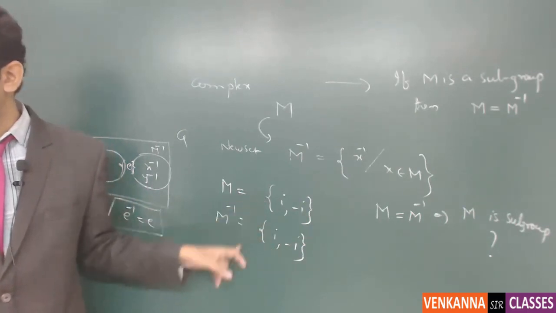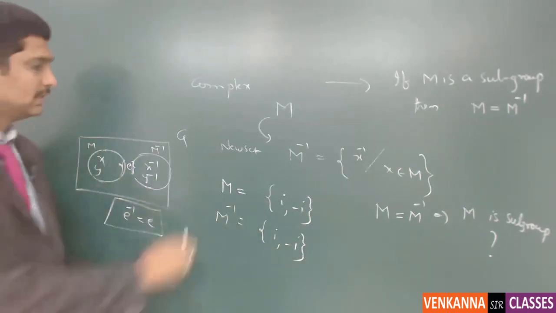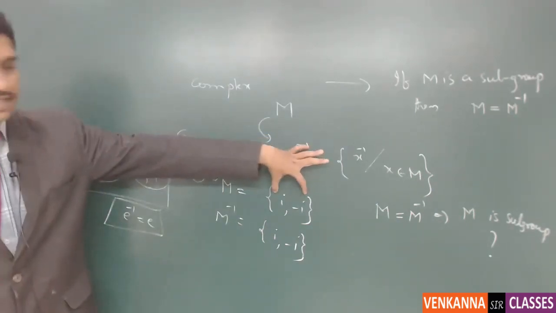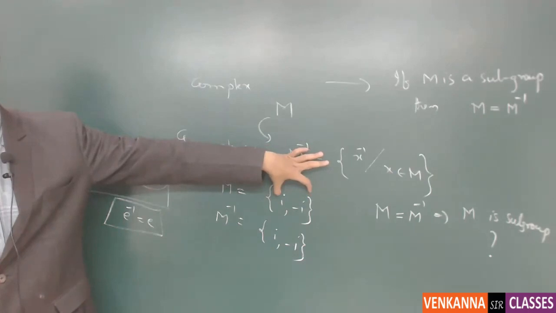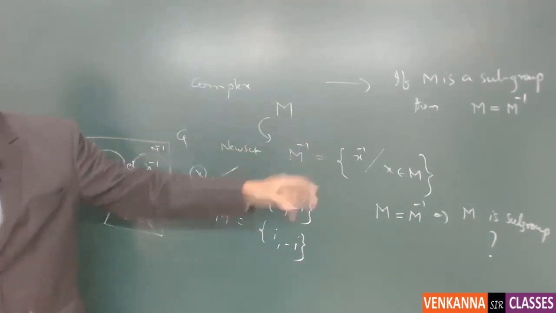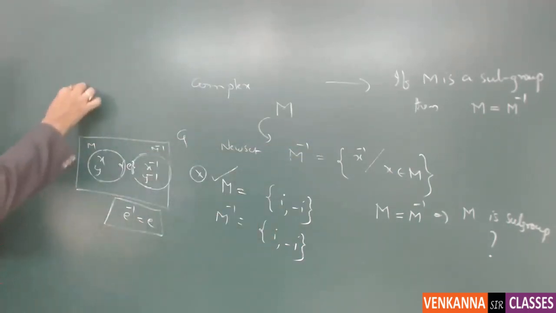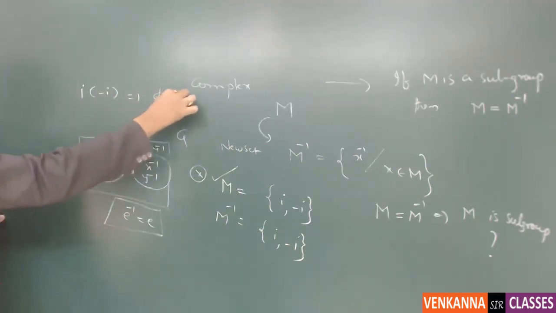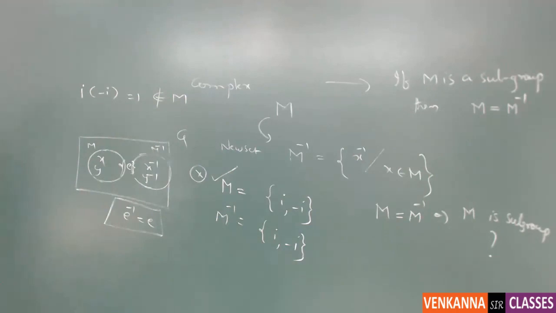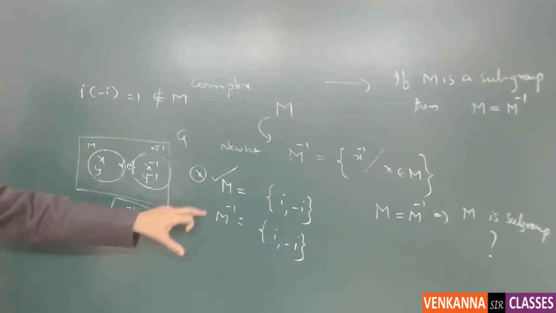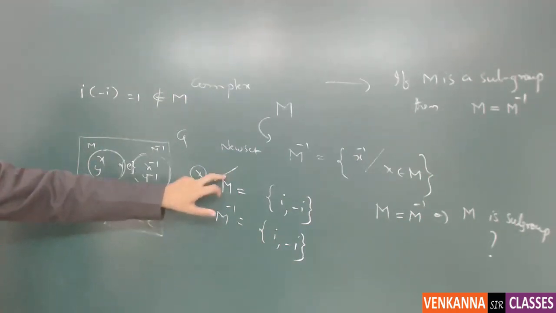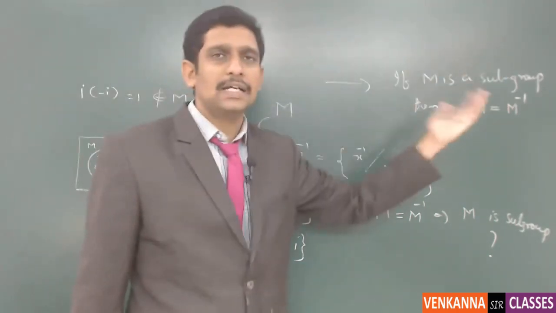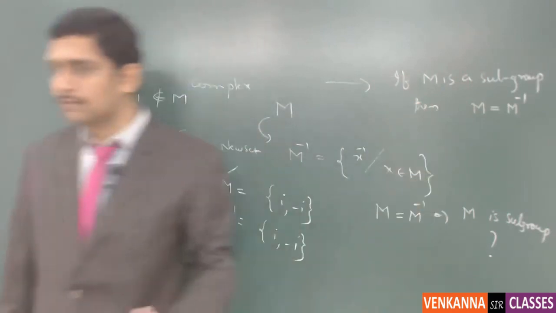So both are equal. But this is not a subgroup, because if you multiply these two elements, the result is 1, which does not belong to M. So here M and M inverse both are equal, but M is not a subgroup. So only this part is correct, the converse need not be true. Okay?